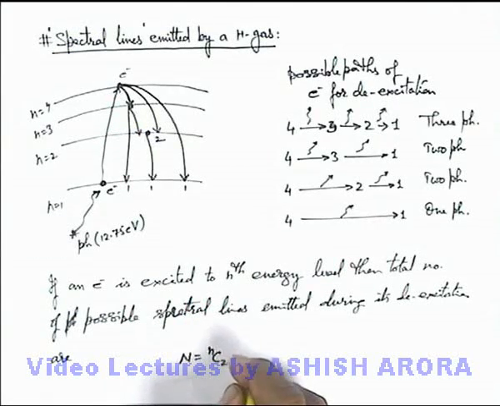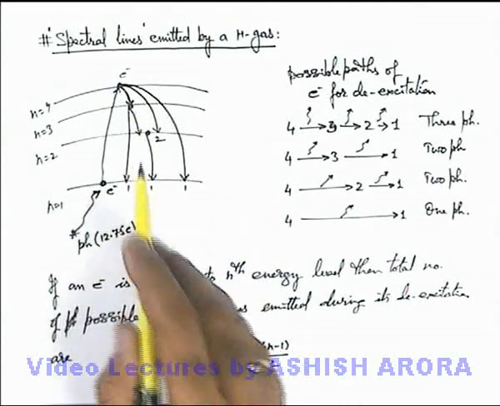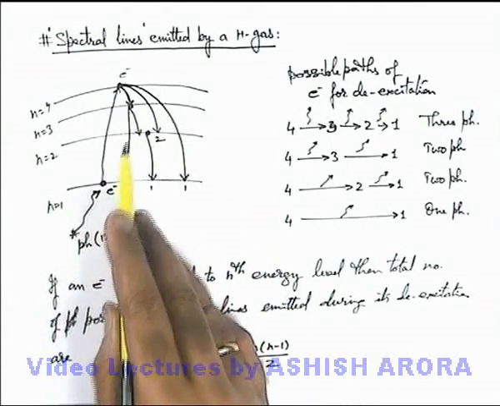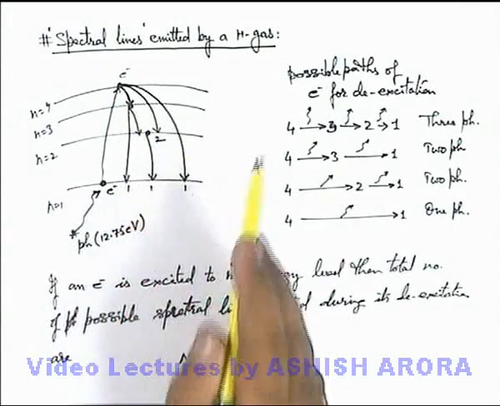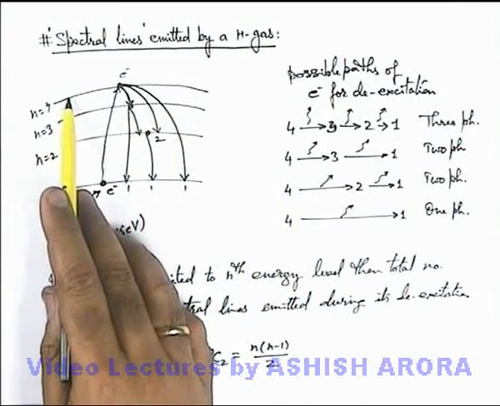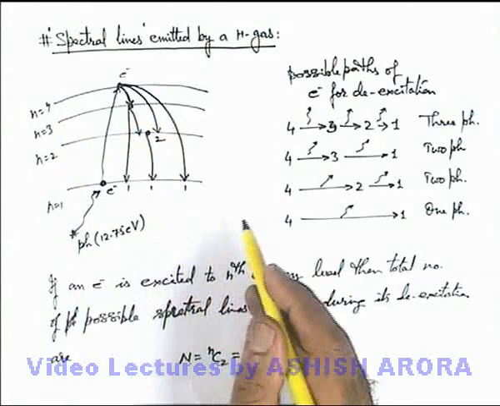We can use combinations, that will be n into n minus 1 by 2, because corresponding to each pair of energy levels, we can say one photon is emitted. So corresponding to the fourth energy level, the total number of photons emitted will be 4C2, that will be 6.